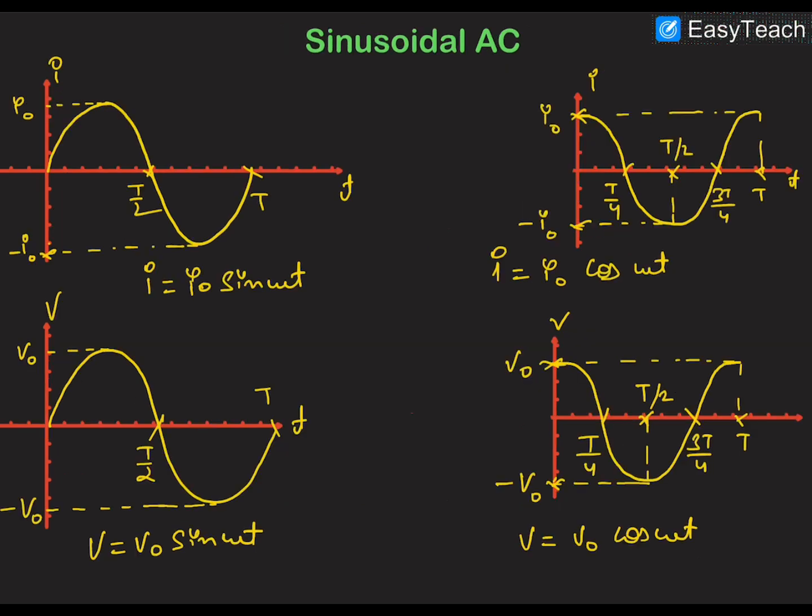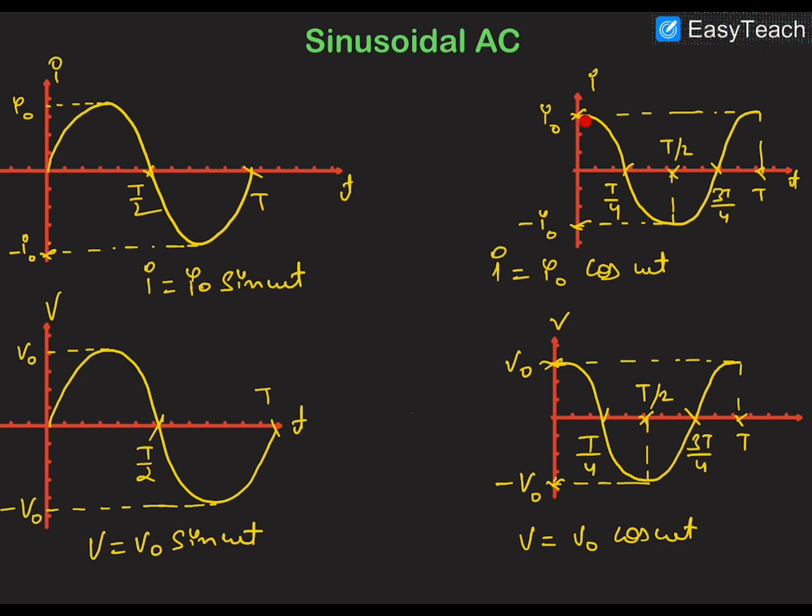Now in the JEE curriculum we are concerned with sinusoidal ACs. The word sinusoidal means that we are concerned with only those currents and voltages which are a function of sine and cos. So this first one is a function of sine, and it is the current, so I is equal to I naught sine omega t.